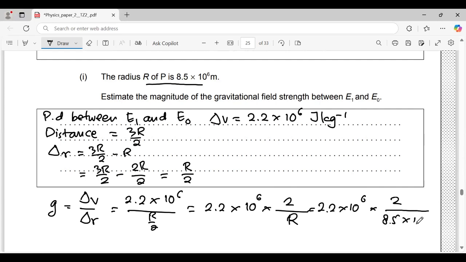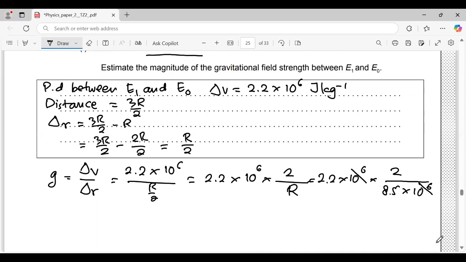So it becomes 4.4 over 8.5, and the result I have calculated is 0.518 newton per kg, or 0.52 newton per kg.